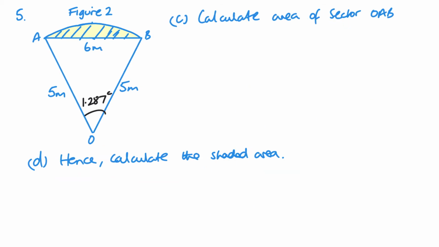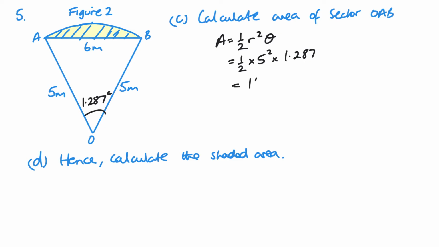Now part C is calculate the area of the sector. So again, nice and easy, put the formula down, half r squared theta. So we've got half times 5 squared times 1.287. But of course I'm going to use the full value.